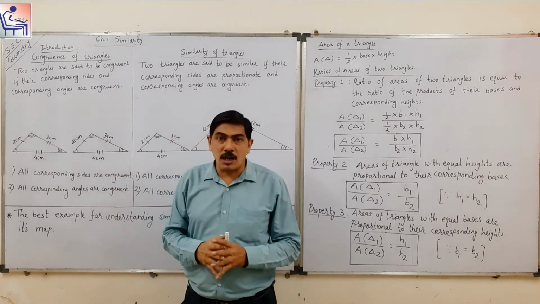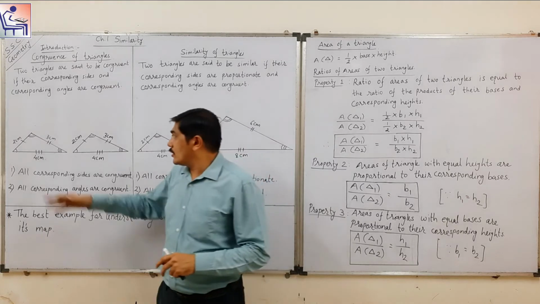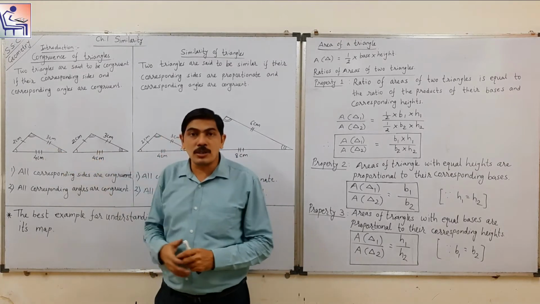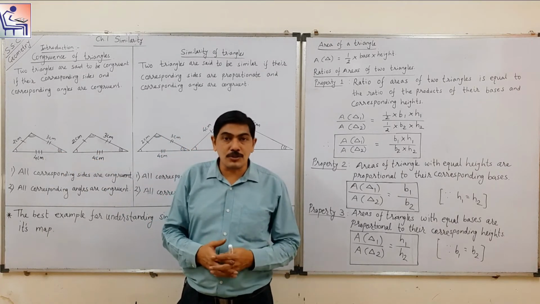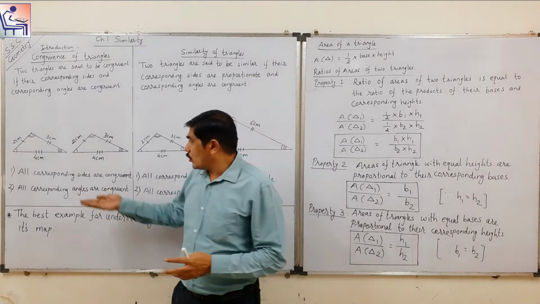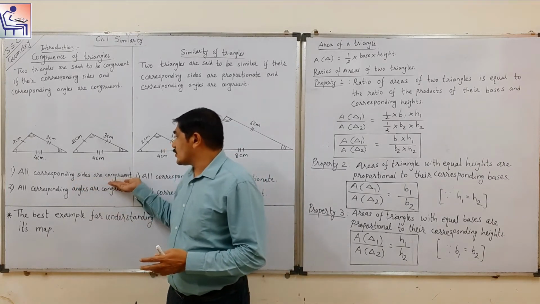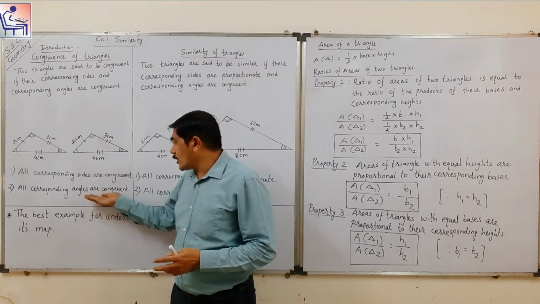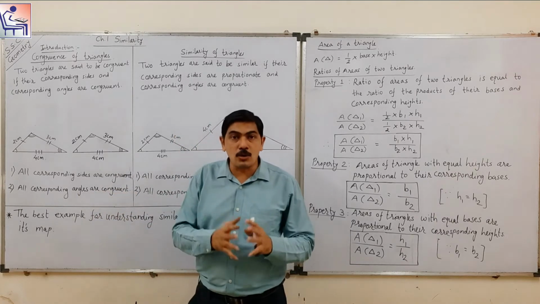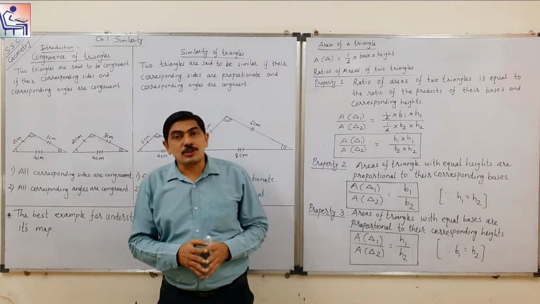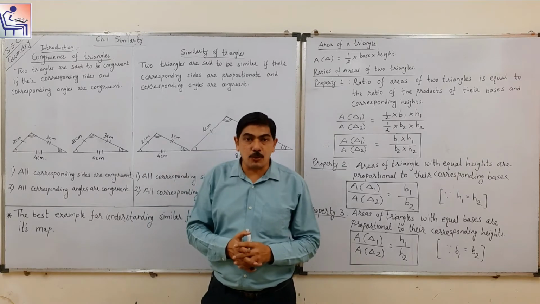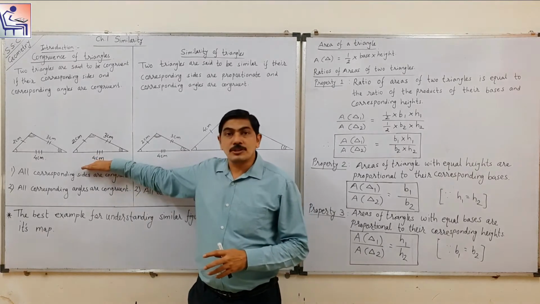So through identical marks you can understand that these angles are congruent and the sides are also congruent. So all corresponding sides are congruent and all corresponding angles are congruent. Then these two triangles are said to be congruent.